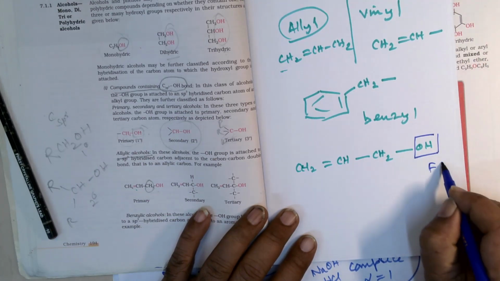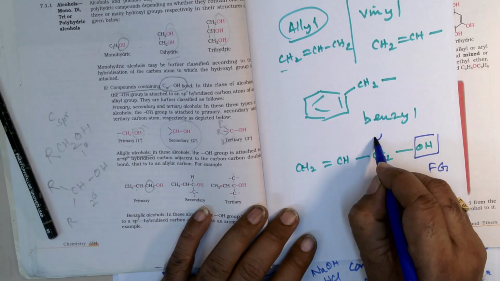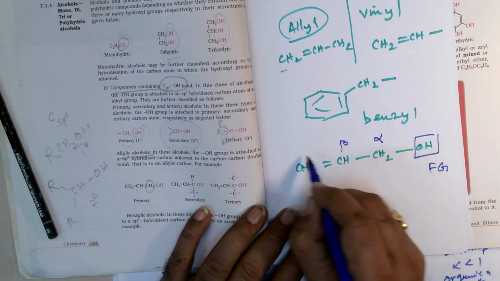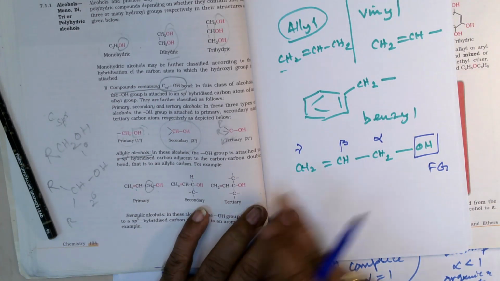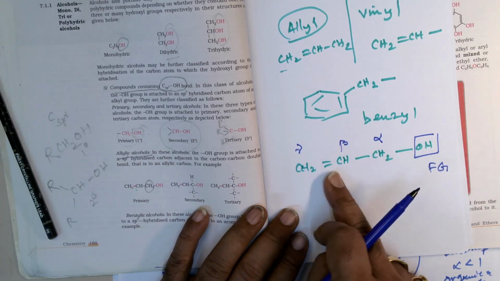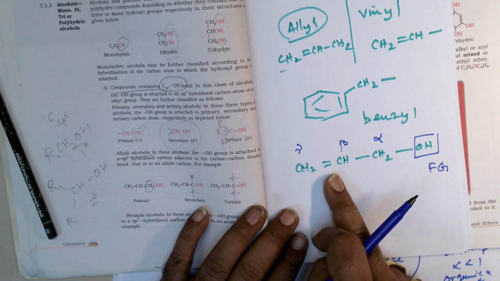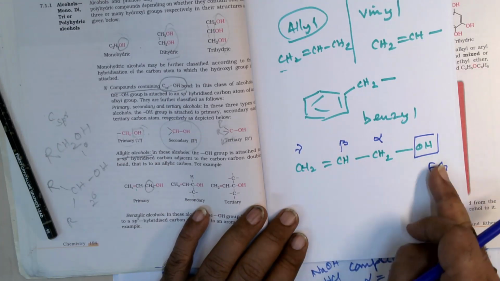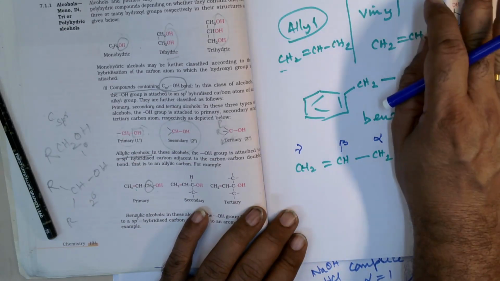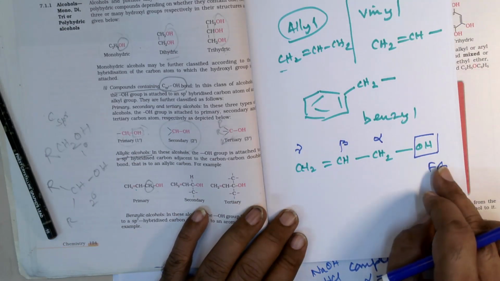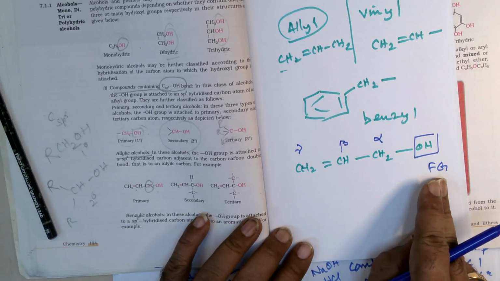Identify like this. This is the functional group. What is this alpha? What is this beta? What is this gamma? Now, the unsaturation occurs between gamma and beta. Got this point? So, such types of alcohols are called allylic type, allylic alcohol, because this group is called allyl group, and the alcohol based on that can be allylic alcohol.